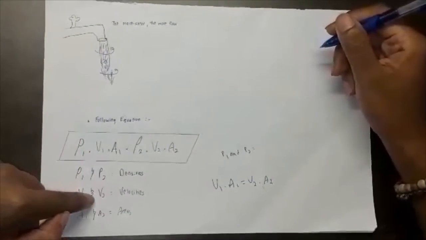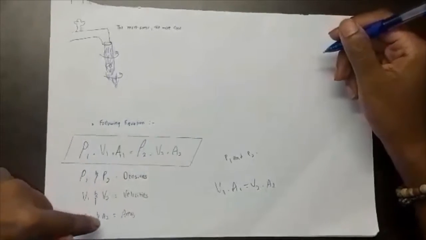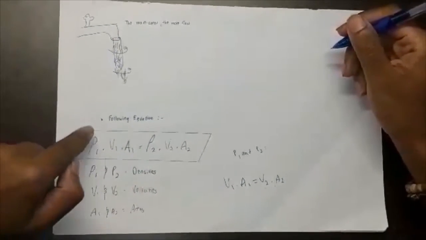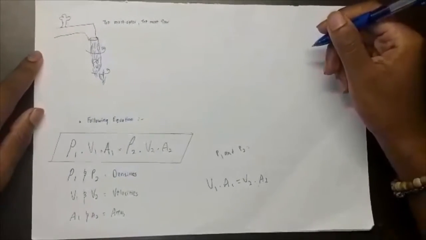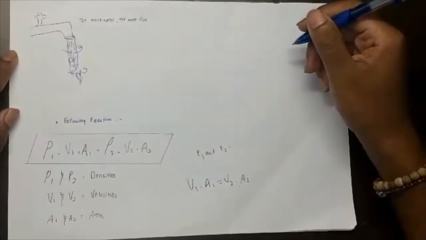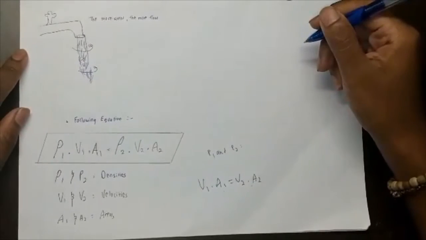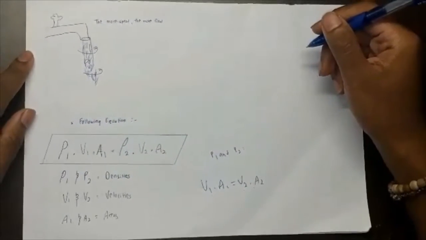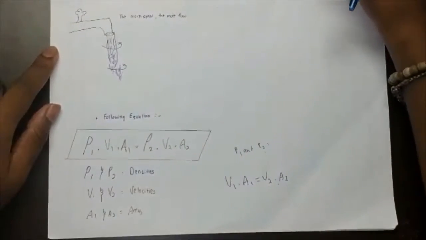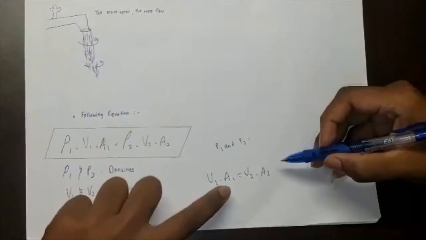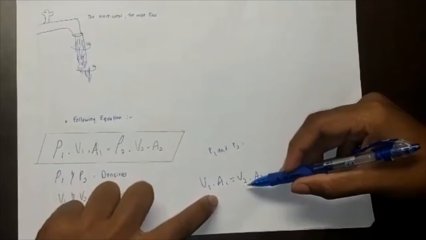P1 and P2 are densities, V1 and V2 are velocities, A1 and A2 are areas, at the two cross sections. As mentioned before, the density of water is pretty much constant. So we have P1 equals P2, which leaves us with V1 times A1 equals V2 times A2.